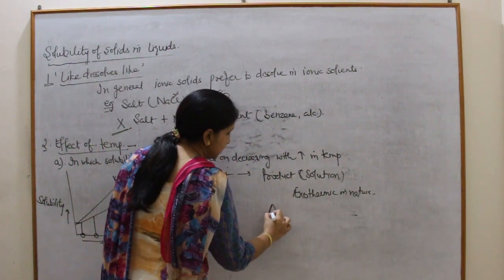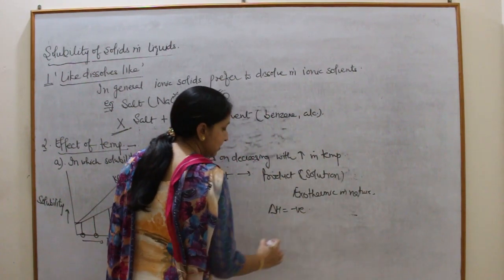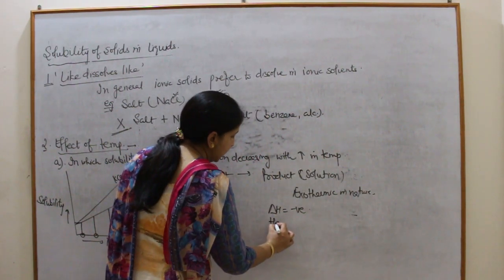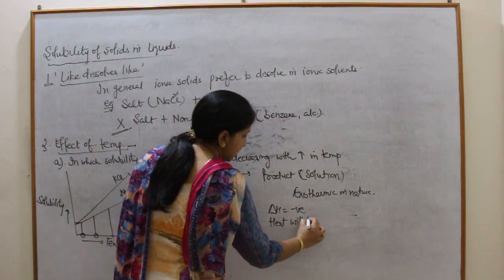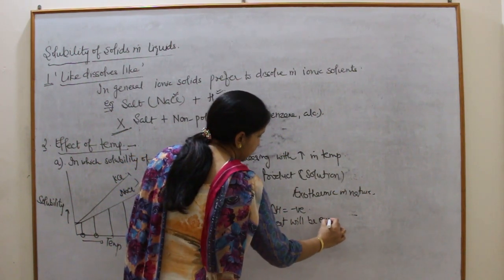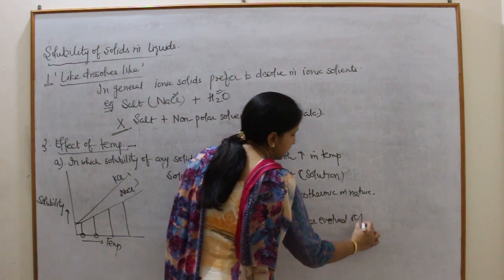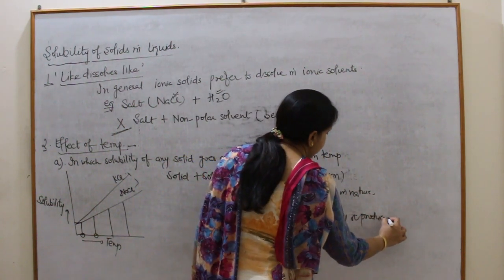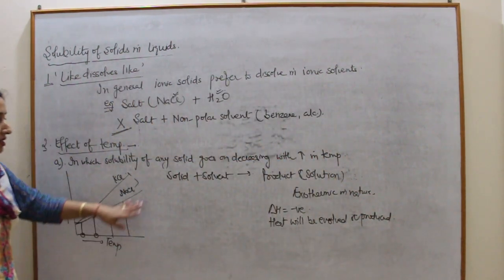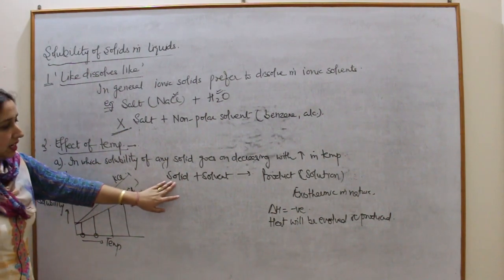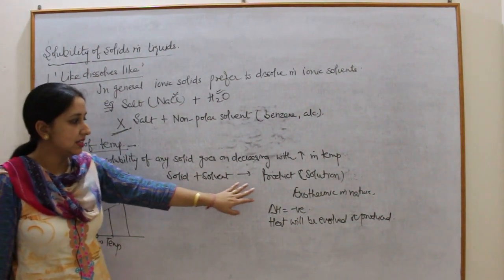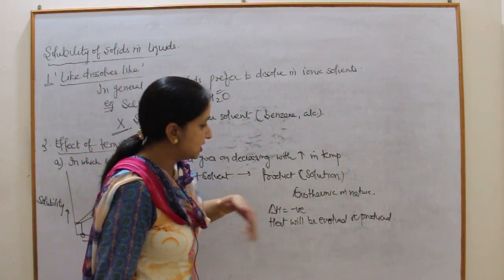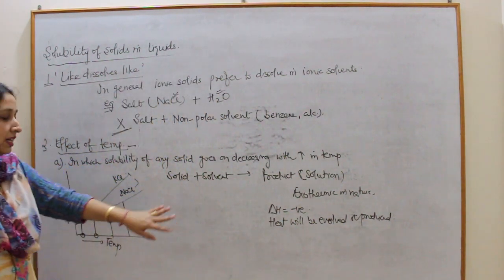Exothermic means for these cases delta H will be negative and heat will be evolved, or we can say produced, not absorbed. So heat is already released.